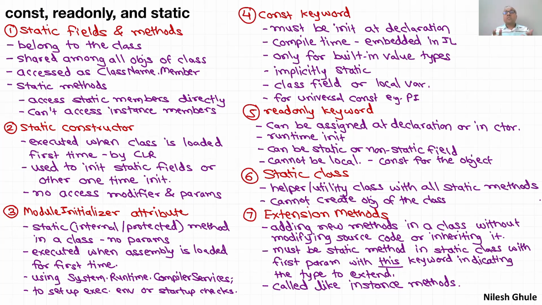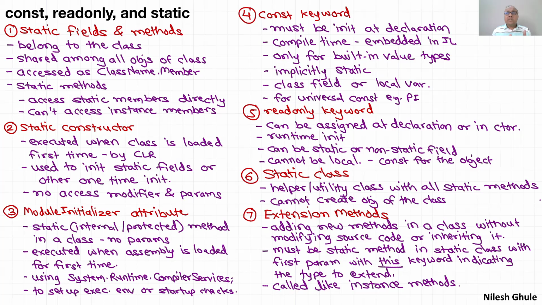We can have something called a static class, the extension methods, and very importantly, operator overloading itself is done as static methods. Apart from this, we will also talk about the const and read-only keywords in C# today. So let us begin with the static keyword first.